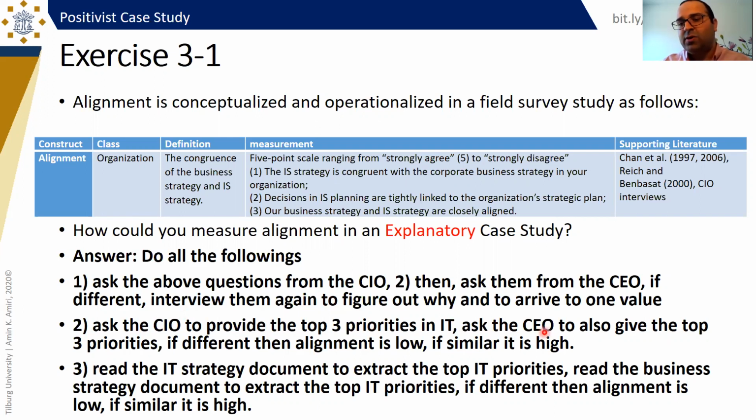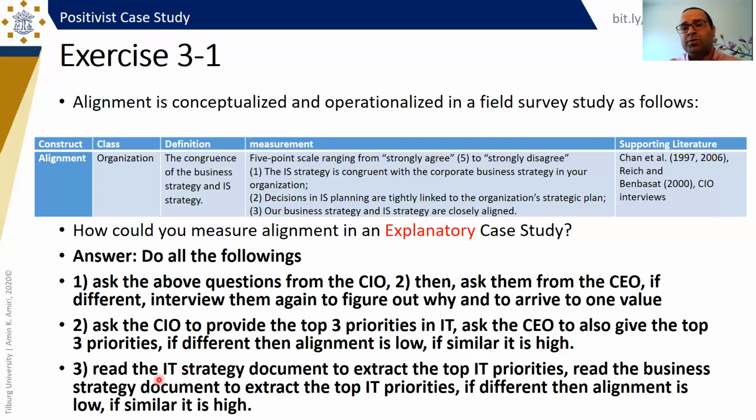I ask the CEO also to give the top 3 priorities in IT. If they are different, that means there is no alignment. Alignment is low. If they're similar, that means high. If the 3 were exactly similar, it's high. If 0 or 1 is shared between the 2 persons, that means there is a low alignment between the 2 persons.